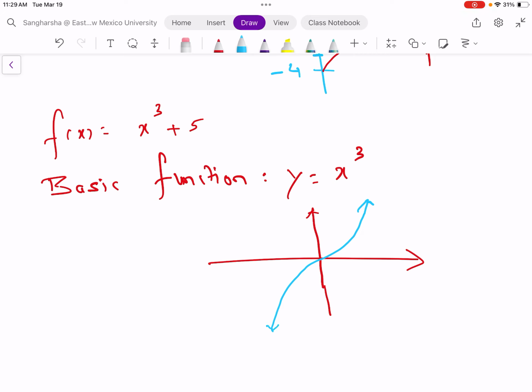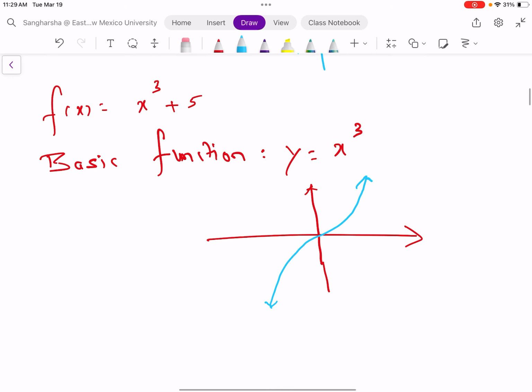So you have to identify the basic function for the given function. That's the very key thing. And once you have the basic function, you should know the graph for that basic function. Now we compare this basic function with the function that we are asked to graph, x cubed plus 5.